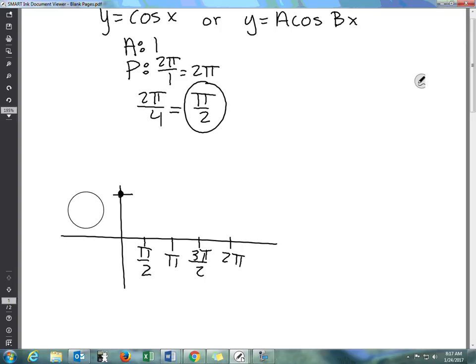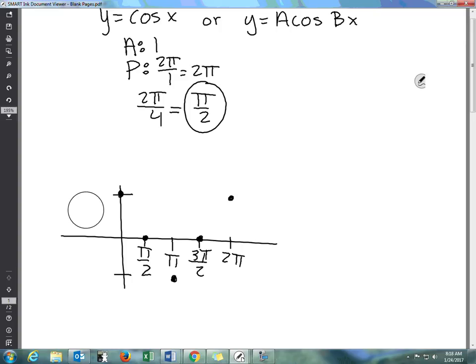At pi over 2, cosine comes down and crosses the x-axis. Then at pi, cosine comes down to negative 1, your negative amplitude. Then at 3 pi over 2, cosine comes back up to the x-axis, and at 2 pi, it comes back to your amplitude, which is y equals 1.